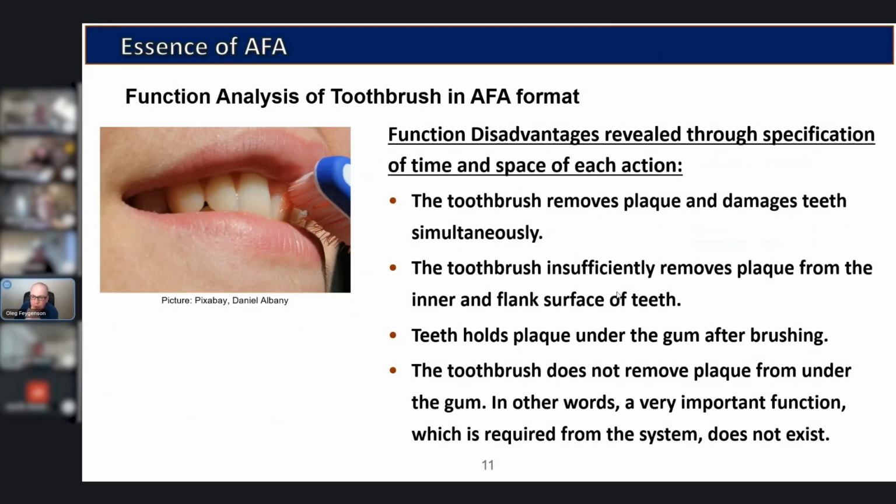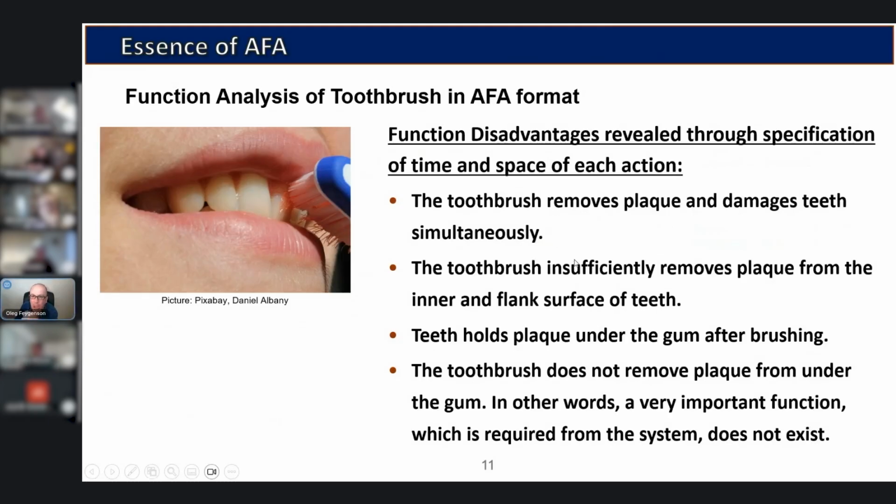They also have the surface between teeth. And what is more important, some plugs are collected under the gum. Still, teeth hold this plug, and also gum holds this plug. And the current toothbrush doesn't perform this function. It doesn't remove plugs from this area under the gum.